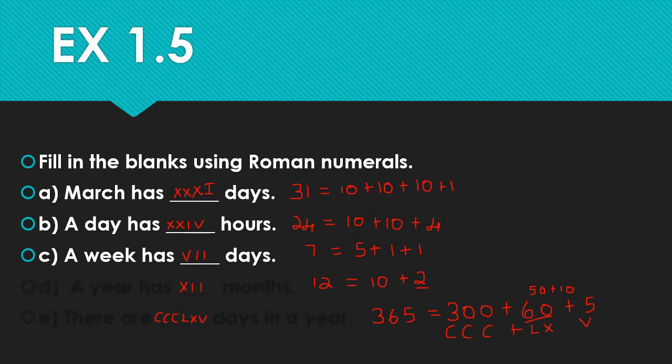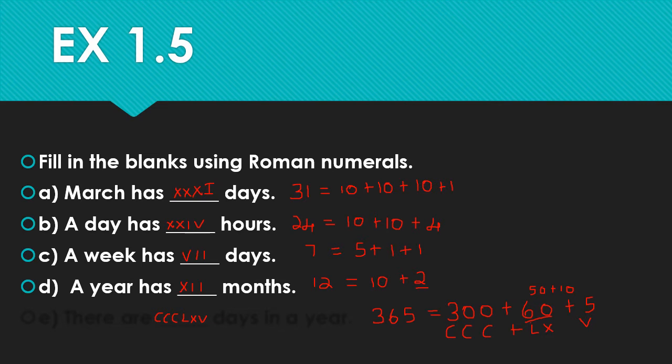So you can write 5 plus 1 plus 1. Now you can write it as Roman numeral, that is 5 is V, then 1 is I, then you have one more one, that is I. So you will get VII.